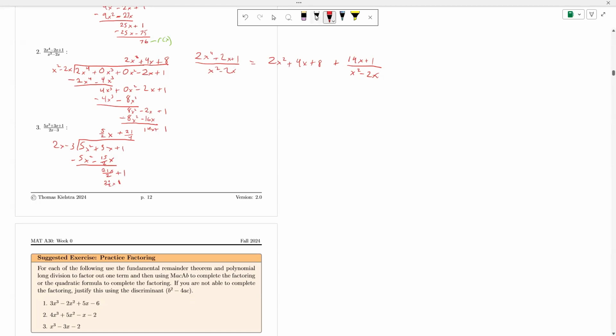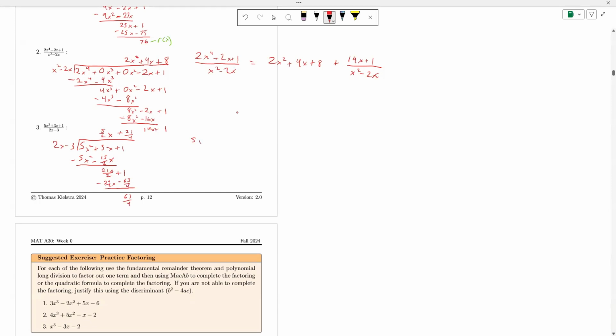So this gives us 21 over 2 x minus 63 over 4, which when we subtract gives us a total of 67 over 4.